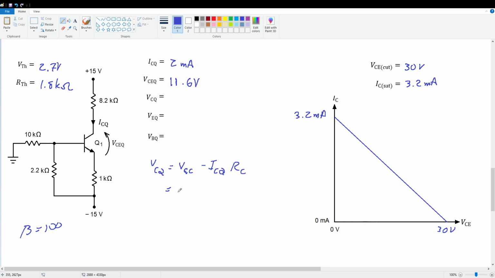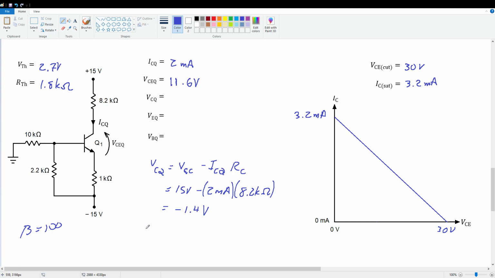So we've got 15 volts minus 2 milliamps times 8.2K ohms, and that works out to be negative 1.4 volts. Now that might look kind of weird. Holy cow, we've got a negative collector voltage, but let's not worry about that yet. We'll do a sanity check on this in a few minutes.